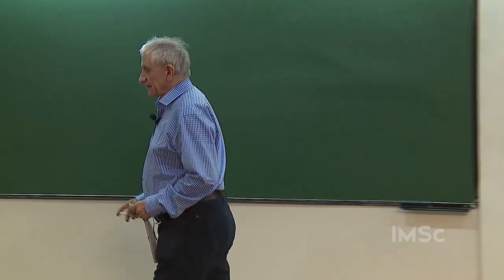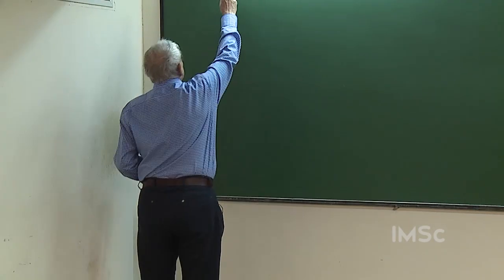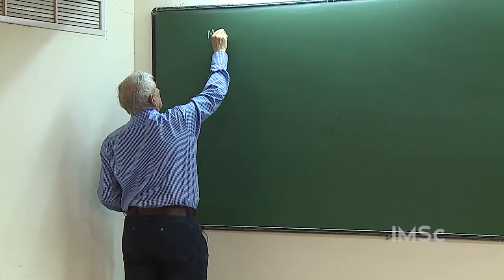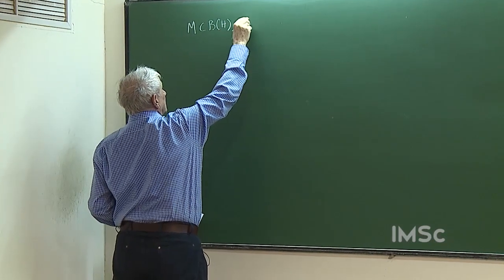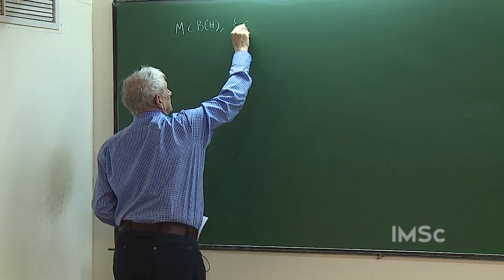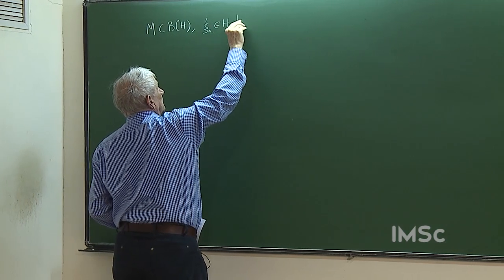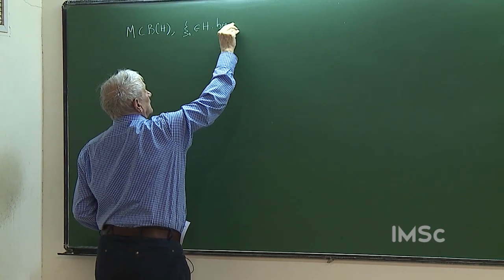Today we will consider in detail the case where M is in B(H), a von Neumann algebra, with ψ₀ in H a bicyclic vector.